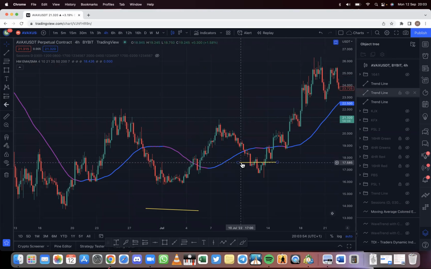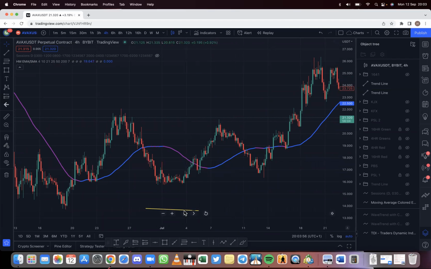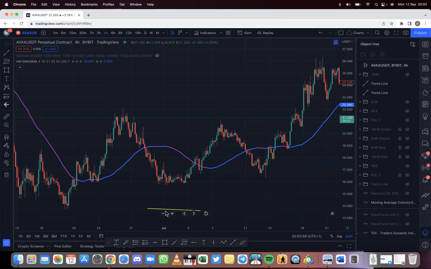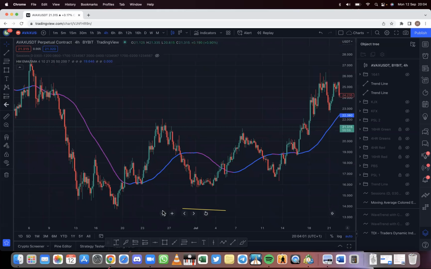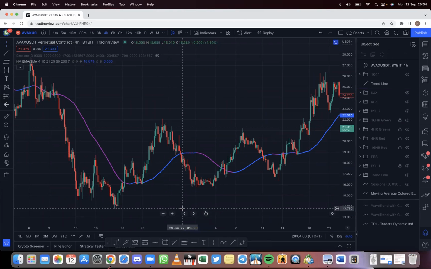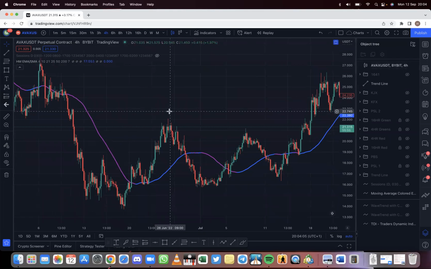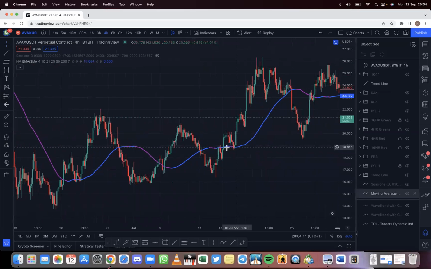This observation is very, very simple, right? What we are saying is that when the price action is trading above the 50, we are in an uptrend. When it trades below the 50, we're in a downtrend. When it trades above, we're in an uptrend. When it trades below, we are in a downtrend.